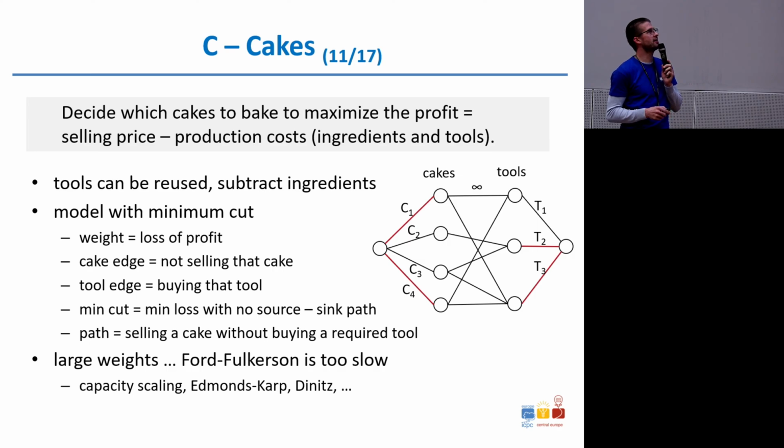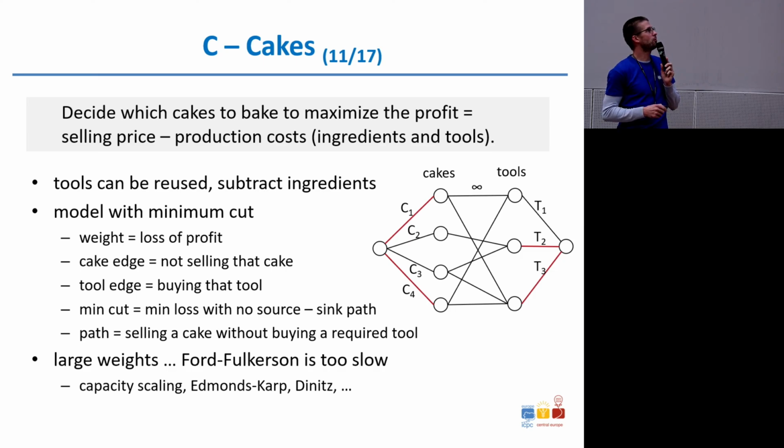They just link cakes to the required tools. Now if you look at the cake edge, so this one, if we cut it, then this corresponds to not selling that cake. So we take a loss of profit if we decide not to sell this. On the other hand, if you look at the tools, buying that tool corresponds to cutting an edge, and again, this is a loss of profit.